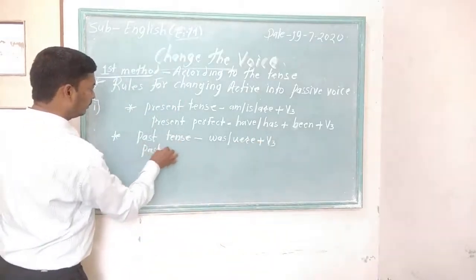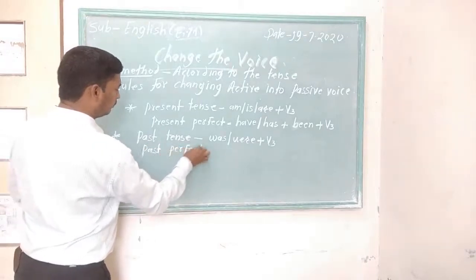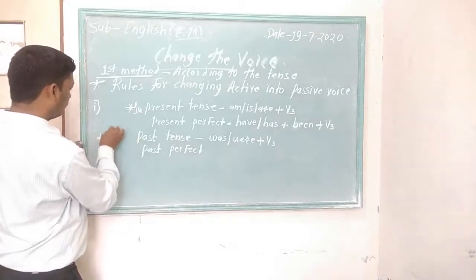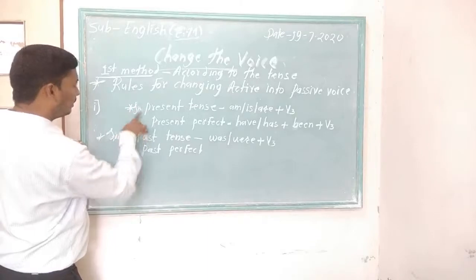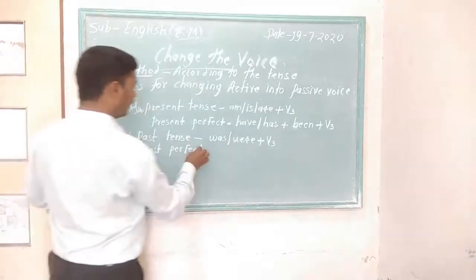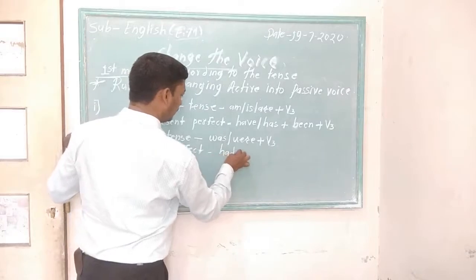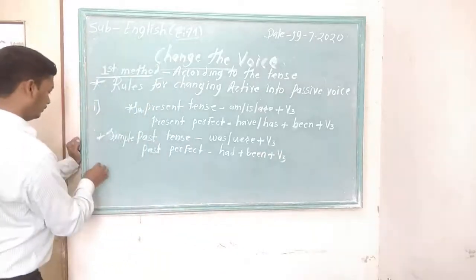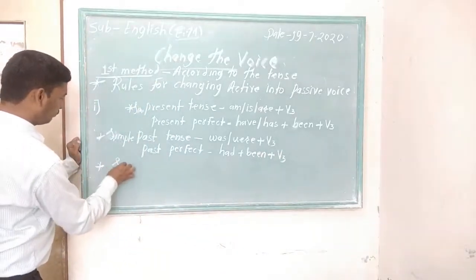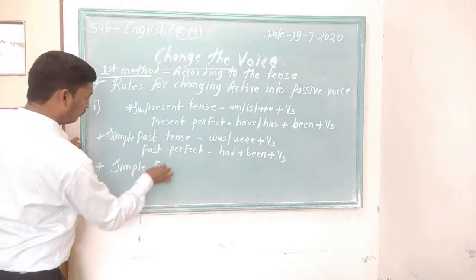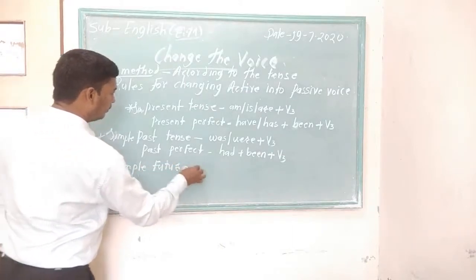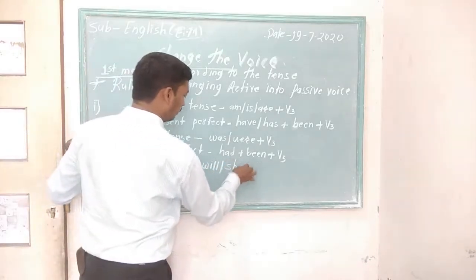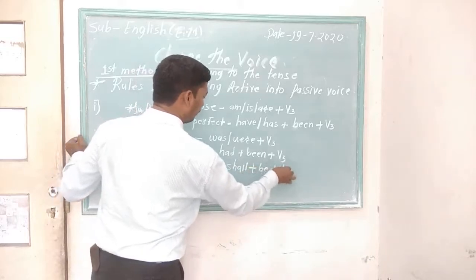Past perfect: had plus been plus V3. Simple future: will, shall plus be plus V3.